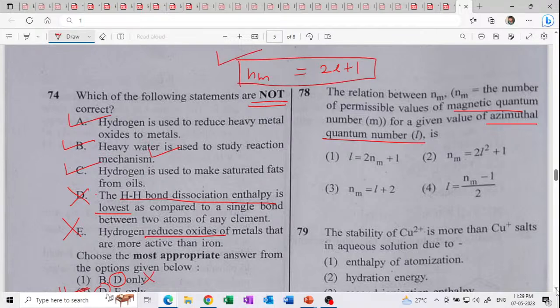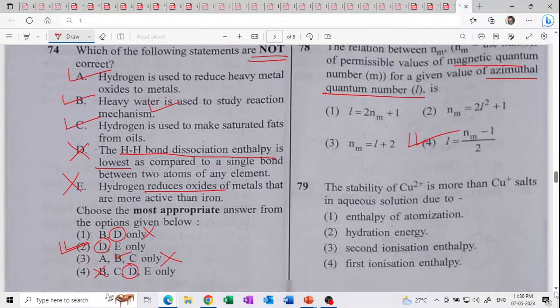Get it? Therefore l is equal to. Move plus to minus on this side. This is minus, and 2 is multiplied, so divide. 1 plus 1, right. Plus 1, take it to the left with minus. And 2, take it to the left and divide. You will get the answer. So simple. This is the twice l plus 1 values for magnetic quantum number.